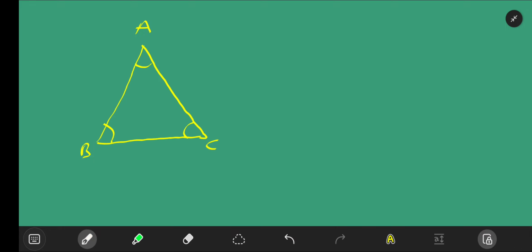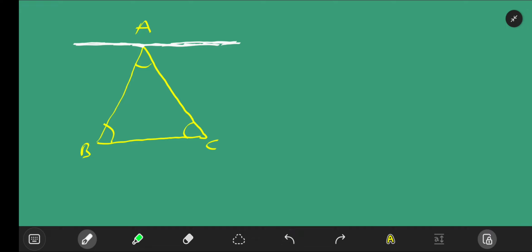Suppose this is a line parallel to BC and touching the vertex A. I am drawing this line touching the vertex A and parallel to the BC line.